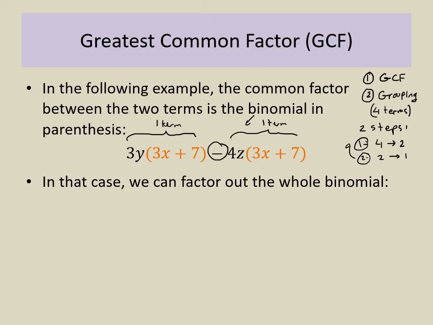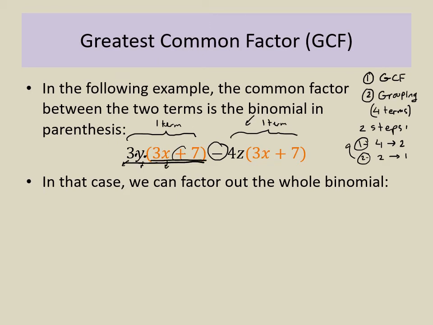Please don't think that this makes it like three terms or anything like that. There's a multiplication right here in the middle, which bounds those two and makes them one term. 3 times y times 3x plus 7. So those are three factors here, one factor, two factor, and this whole parentheses is one factor.